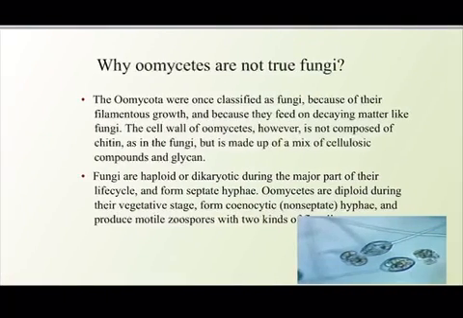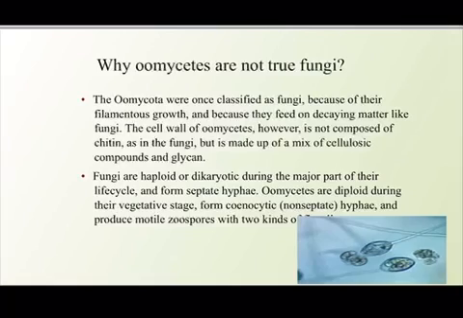Why are oomycetes not true fungi? The answer to this question is that the Oomycota were once classified as fungi because of their filamentous growth and because they feed on decaying matter like fungi. The cell wall of the oomycetes, however, is not composed of chitin as in the fungi, but is made up of a mix of cellulosic compounds and glycan.